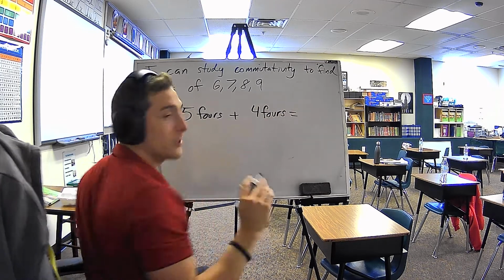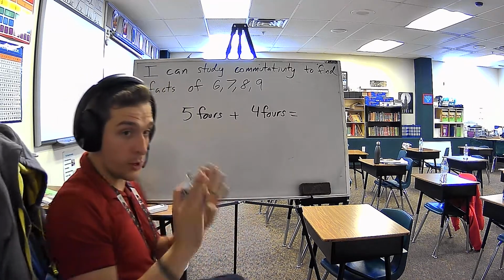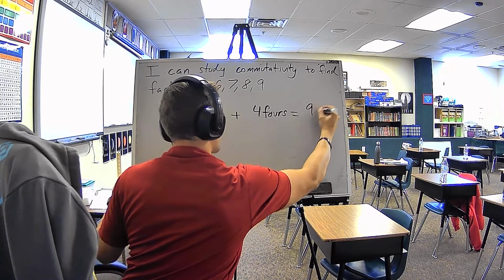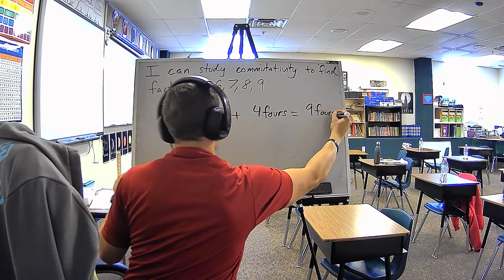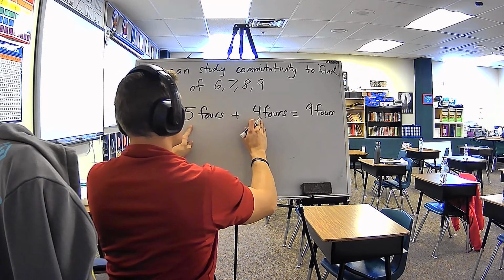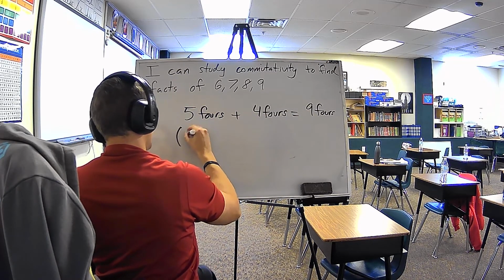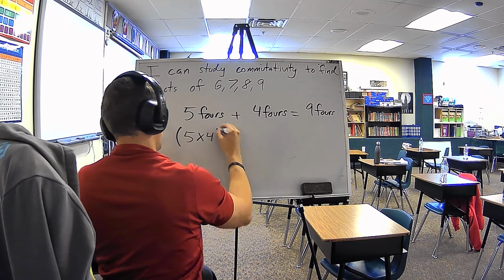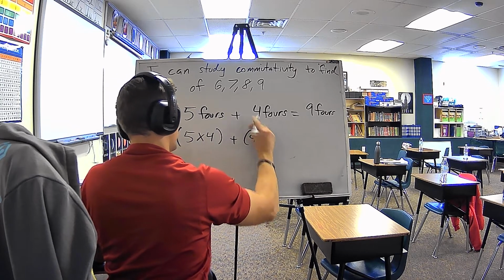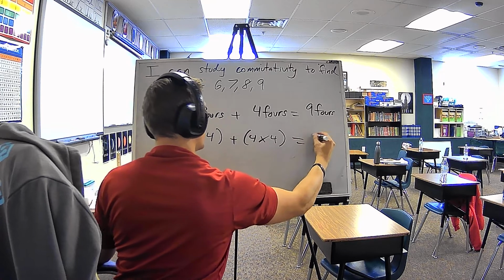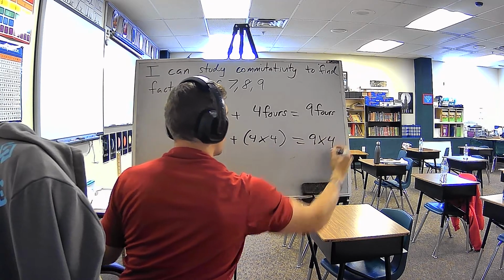You could rewrite this in 2 different ways, and I want you to do both. 5 4s plus 4 4s would equal 9 4s, because I have 5 groups of 4 plus 4 groups of 4, which means I have 9 groups of 4. Or I can translate this into 5 times 4 plus 4 times 4 equals 9 times 4.